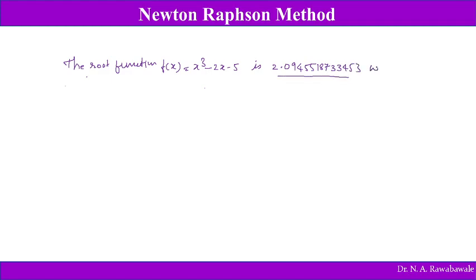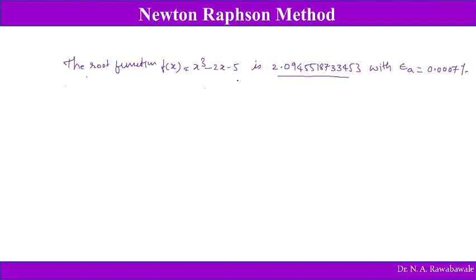Therefore we can write the answer: the root of the function f of x equal to x to the power of 3 minus 2x minus 5 is 2.094551871833453, with approximate relative error as 0.0007%. This is how we are going to write this answer.